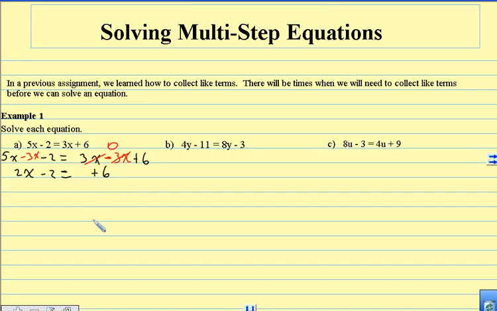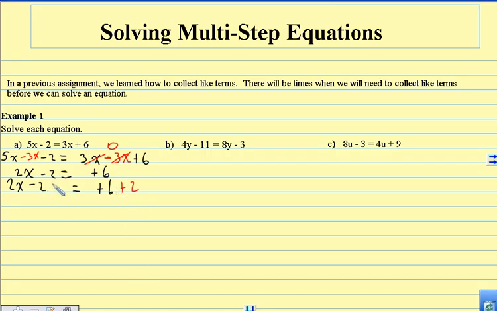Now we can look at this as a two-step equation, like in the last lesson: we have 2x minus 2 and the result is 6. So I say 2x, and then I subtract 2, and the result is 6, so I should add 2 to 6.